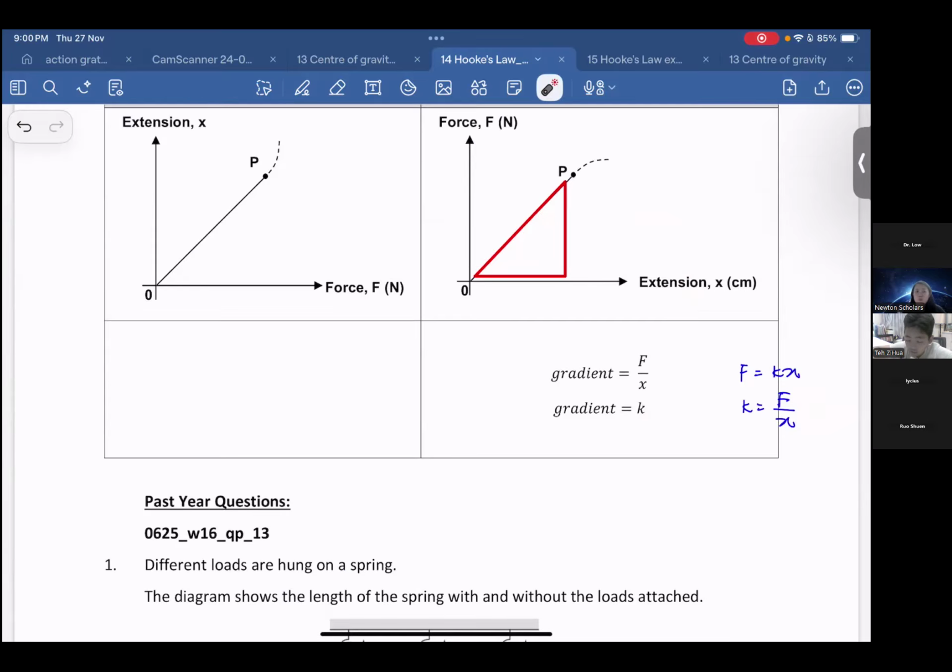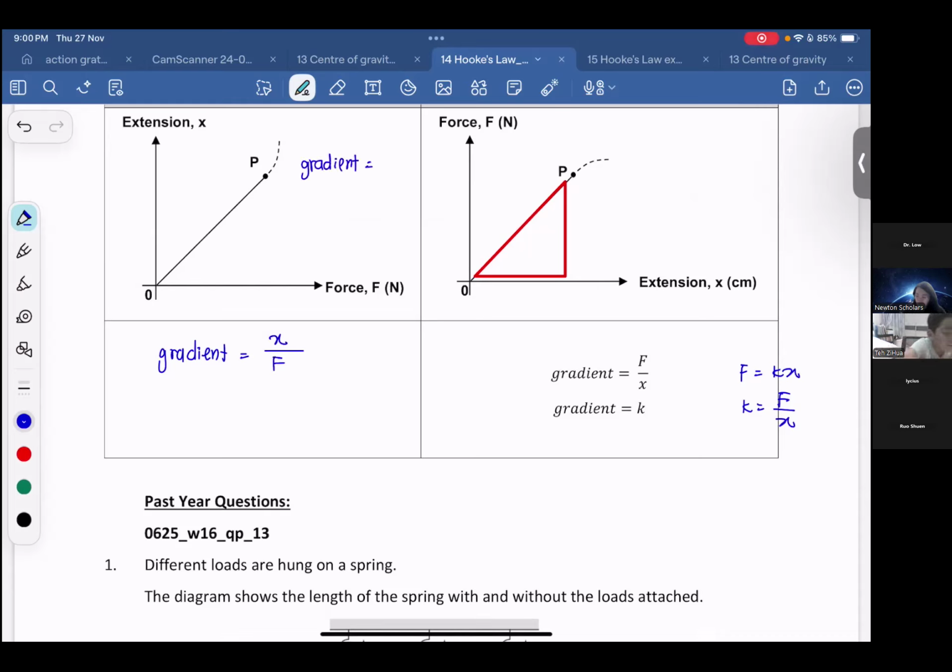Okay, dear, need to be careful. If the graph right now is extension against force, can I still say that the gradient is my spring constant? No, you cannot say so. The gradient from this graph is x over f, because gradient is y against x. In your graph here, what is your y? It is your extension x.